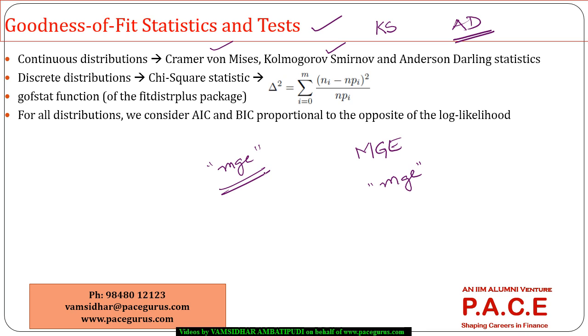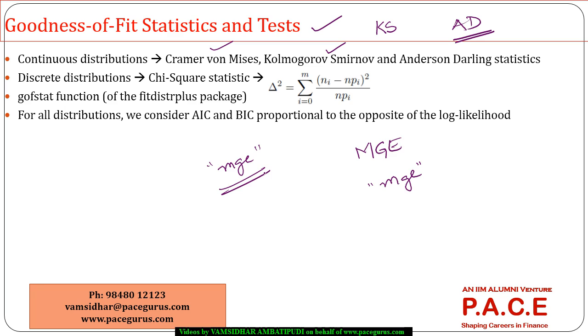This is what we have tried when we fitted by maximizing the goodness of fit estimate. With different distributions, we can try that out. So for the gamma distribution, we can try out the goodness of fit estimate based on each one of them, CVM, KS, AD, and based on them we will decide which model is more appropriately fitting this particular data.